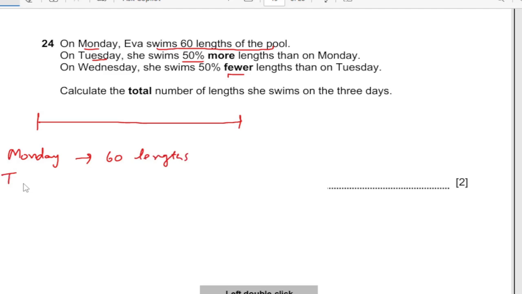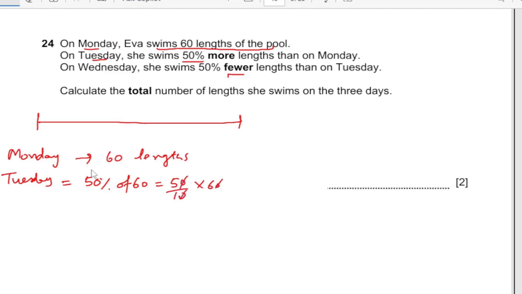Okay, and Tuesday is 50% more than on Monday. So 50% of 60 is 50 over 100 times 60.